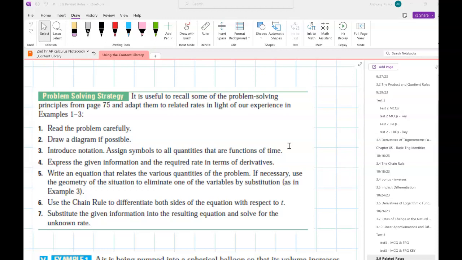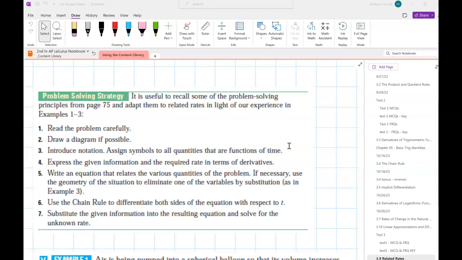Write an equation that relates the various quantities of the problem. If necessary, use geometry of the situation to eliminate one of the variables by substitution. Use the chain rule to differentiate both sides of the equation with respect to time, and then substitute the given information into the resulting equation and solve for the unknown rate.